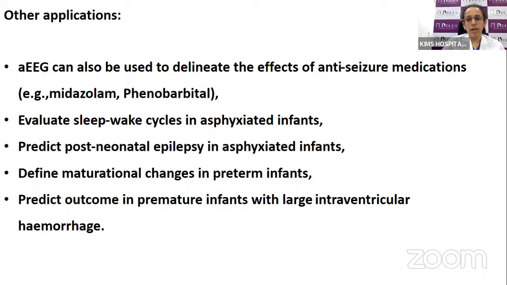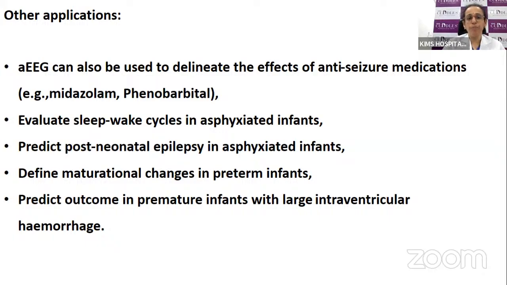And there are certain other applications for aEEG, such as to delineate the effects of anti-seizure medications. When we give phenobarbital or midazolam, we can observe the pattern of the EEG, how it will affect the amplitude and the frequency. And to evaluate the appearance of sleep-wake cycles, which is one of the important prognostic markers for asphyxiated infants.